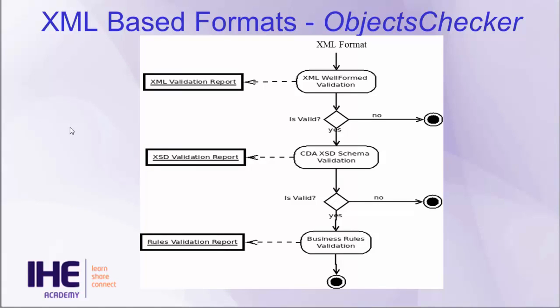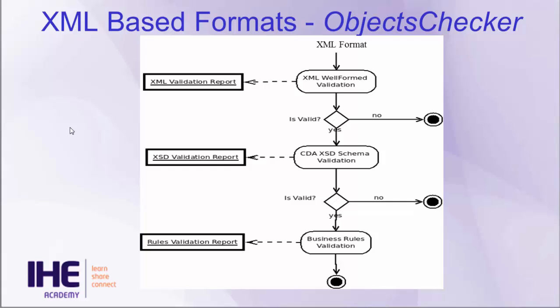If you look, for example, at Objects Checker, this XML-based validator, and quite a lot of formats are XML-based, then it's a three-stage validation process. The XML has to be well formed, naturally. Then it has to validate against the published XML schema. But for most of these formats, the published XML schema is by far not rich enough to validate all of the underlying requirements as defined in the IHE profile and/or the base standard.